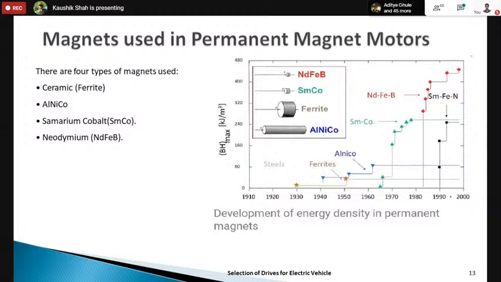But summing up, if you look at the energy density on the axis, it is drastically increasing, going to about 480 now, and it is getting more and more with innovation on this technology. All right, so this is what you can take as an overall view.